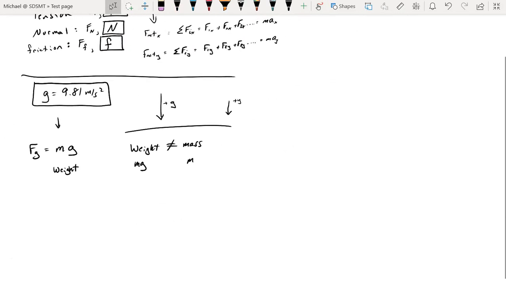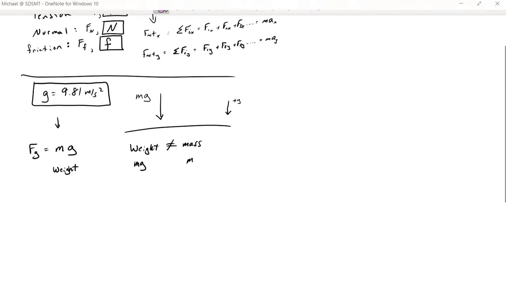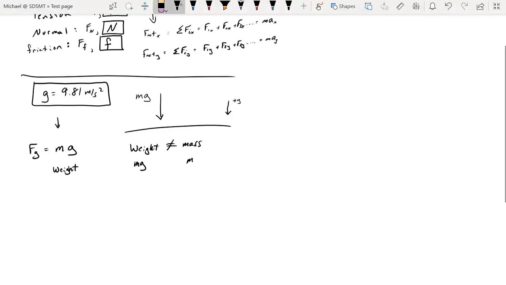All right, well, that might seem like that's all we have to do. All we have to do is write down mg. Mg is always going to point down because our acceleration due to gravity is always going to point down. But later on in Chapter 6, what we're going to find out is that we are not going to be able to use mg for every case scenario that involves gravity.